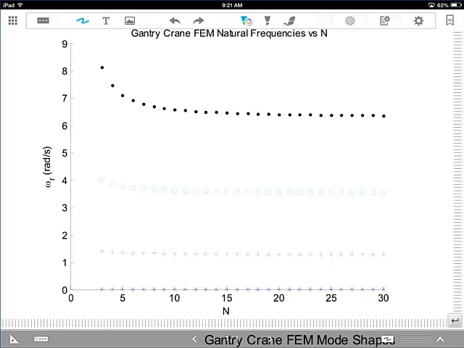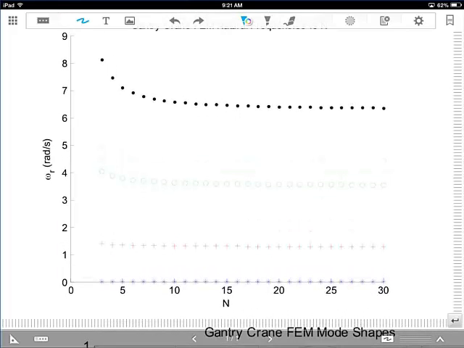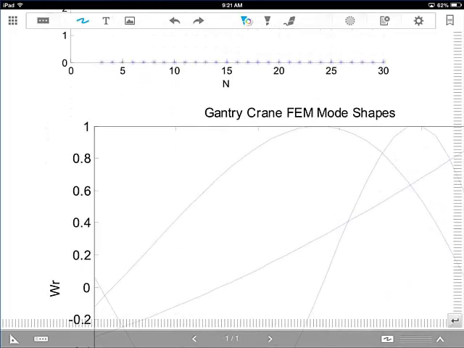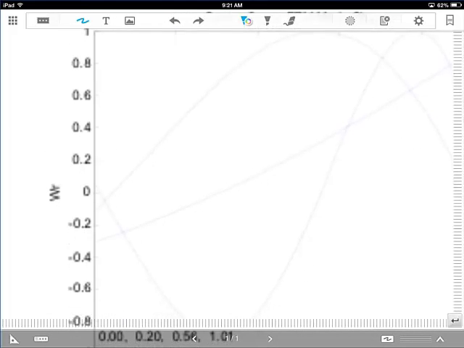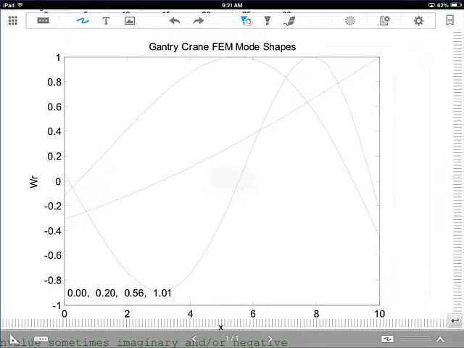This system does have a zero eigenvalue because the whole thing can translate and continue translating, so that's why we have this blue curve down here. The blue set of first eigenvalues are 0. And if you look at the mode shapes, they're also very reasonable.